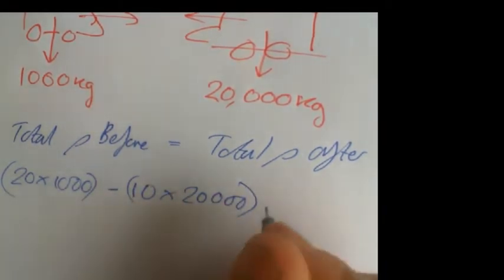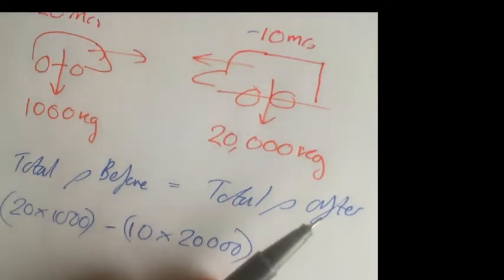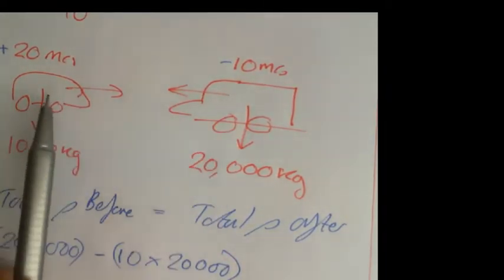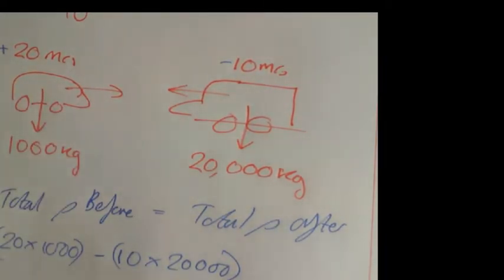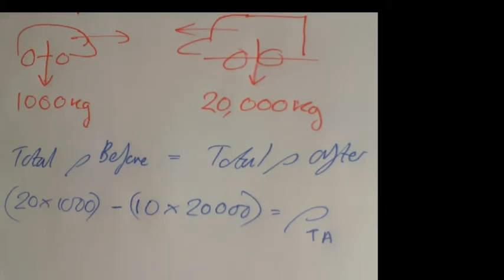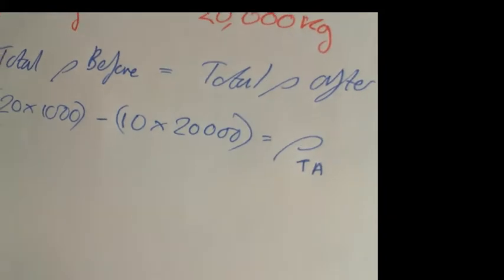And the reason why it's minus this time is because that is going to the left, and that momentum is cancelling out this momentum. Okay? And that will equal the total momentum after. You can write that however you wish. I've used TA this time.